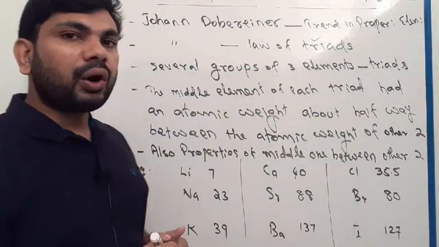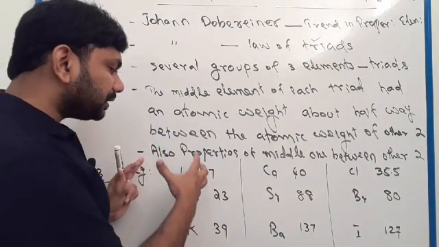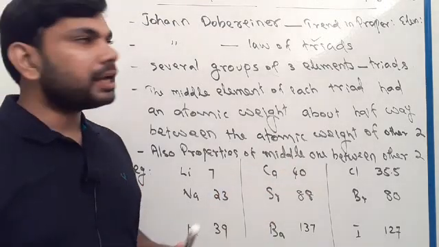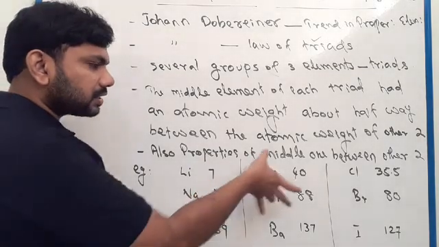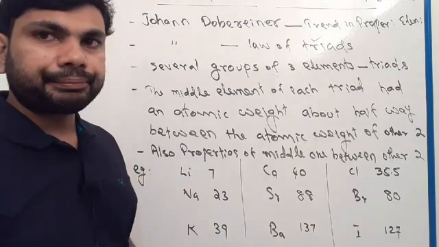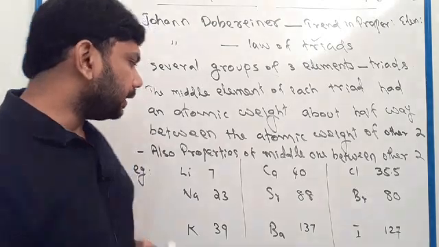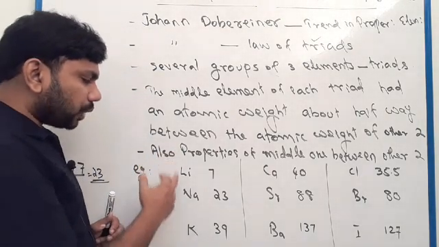Okay, law of triads. Triads mean groups of three elements, several groups of three elements. This is one triad, this is another triad. Here three different triads are given. Lithium, sodium, potassium is one triad.